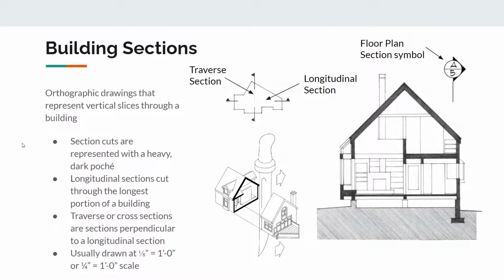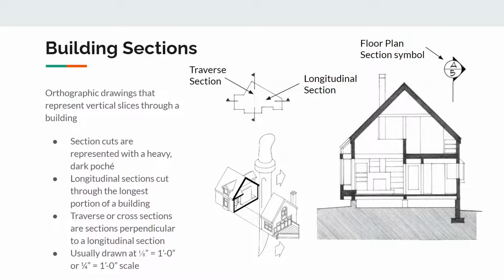Then we also have our building sections. And sections, I would say, are a little bit less important for interiors people, definitely more so for architectural people. Building sections are used by architects a lot to explain how everything is put together throughout the building.